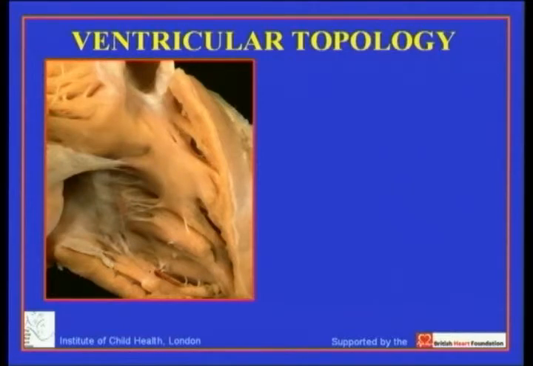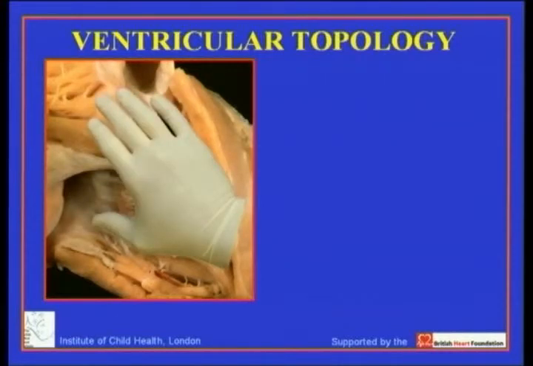It depends upon the way that the palmar surface of the hand fits on the septal surface of the ventricle, such that the thumb goes in the inlet and the fingers in the outlet. And when you look at this right ventricle from a normal heart, you will appreciate that it is only the right hand that fits upon the septal surface of the normal right ventricle.